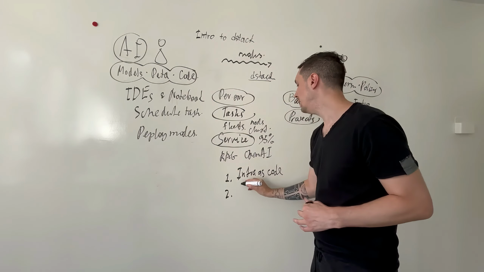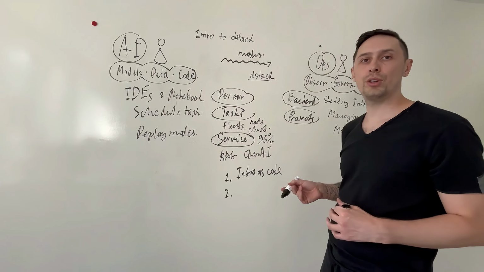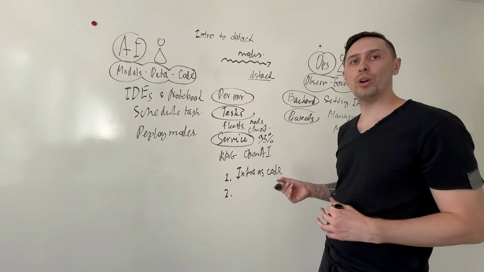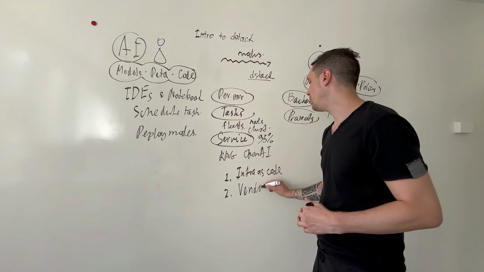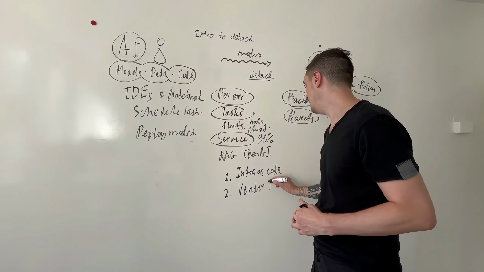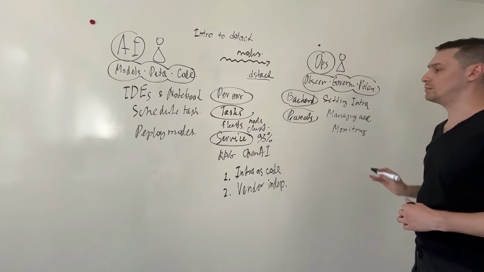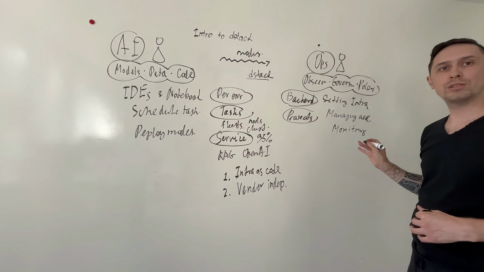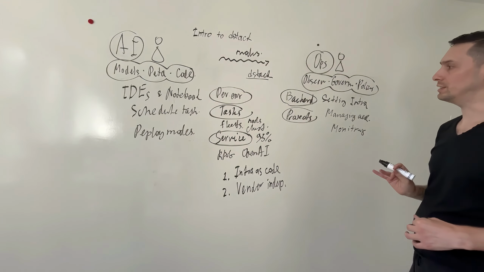Secondly, dstack leverages containers. That's why you're free to use any dependencies you want, and most importantly, you can use any vendors. This allows the ops team to use multiple clouds, use on-prem, and never be locked into one particular vendor.